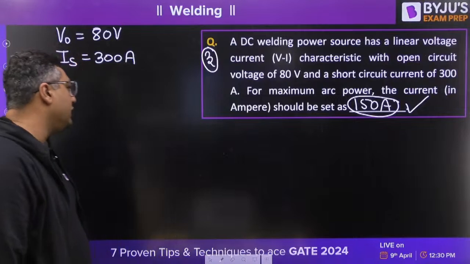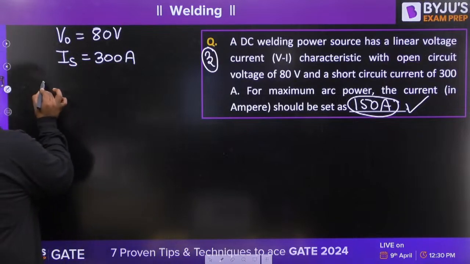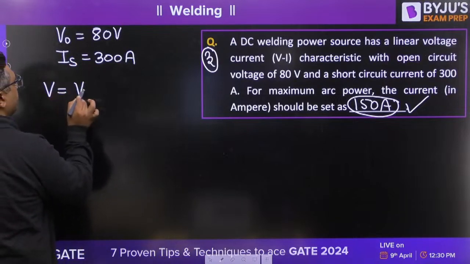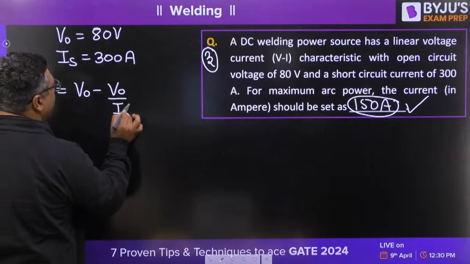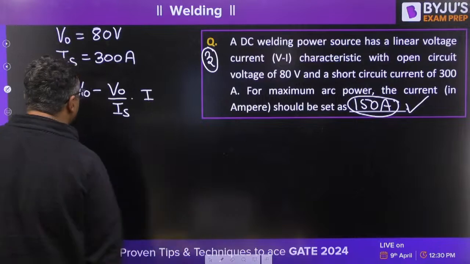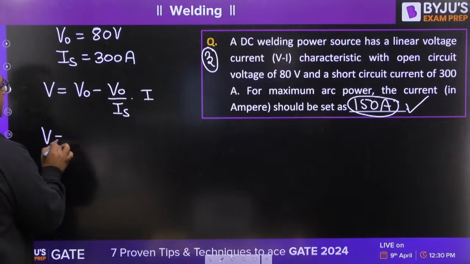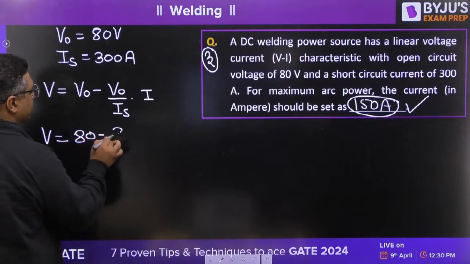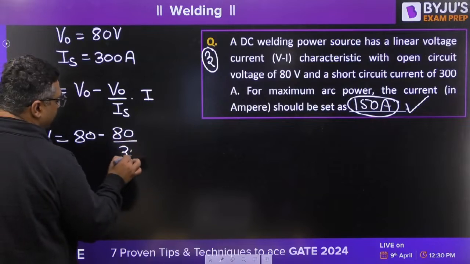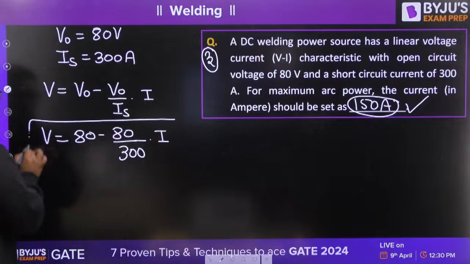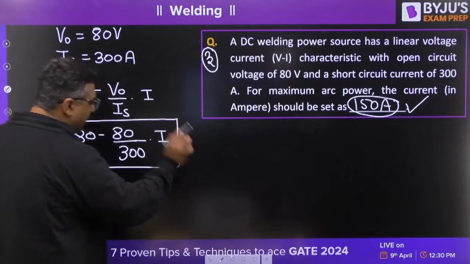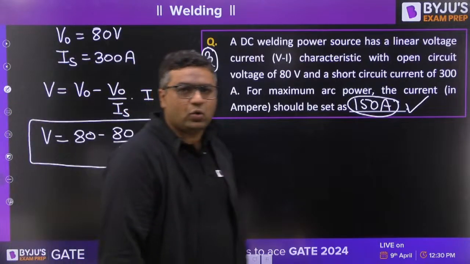Very good, Kiran. You already know the equation for voltage was V naught minus V naught by IS into I. It is 80 minus 80 by 300 into I. This is the VI characteristic, as you already know.